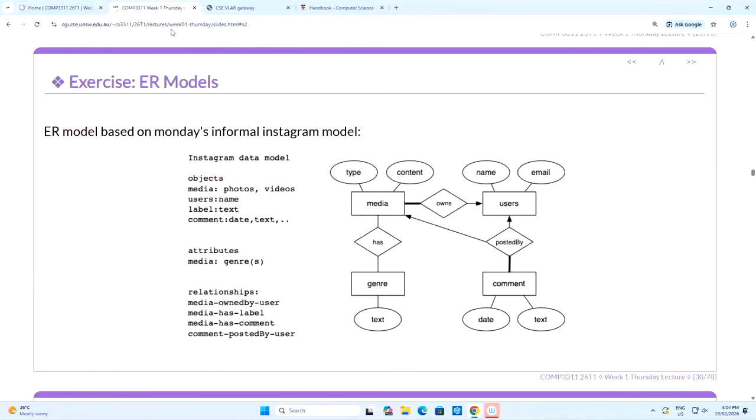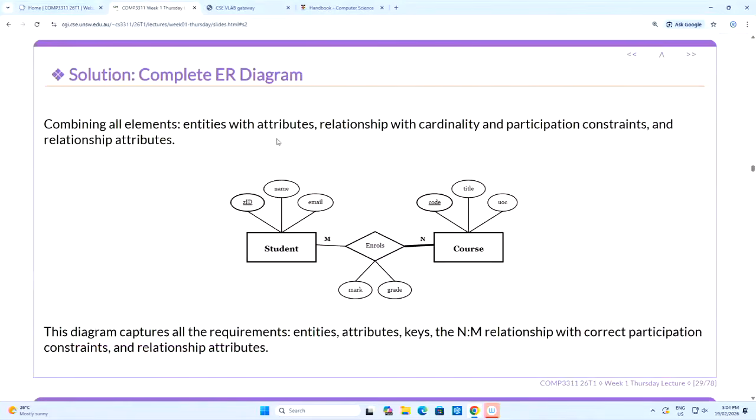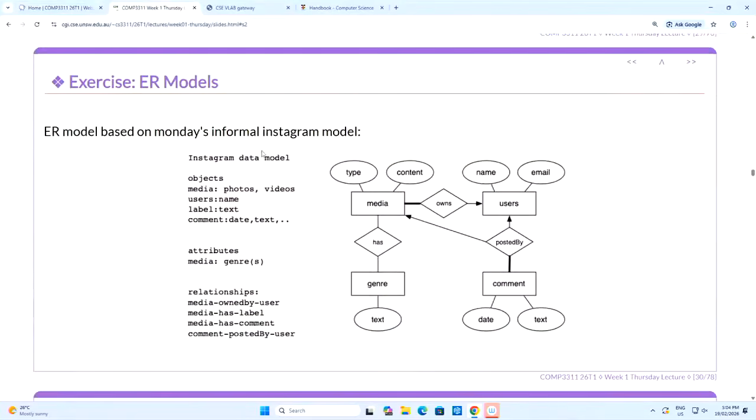Okay. So this is a completed ER diagram, based on the informal Instagram model. We have media, users, comment, genre, and then some attributes and relationships. What do you think is missing from here? This was created a while ago. Do you spot anything strange with this ER diagram?